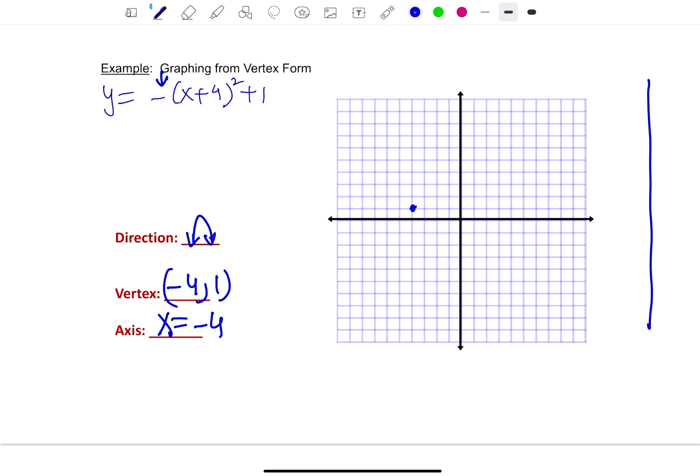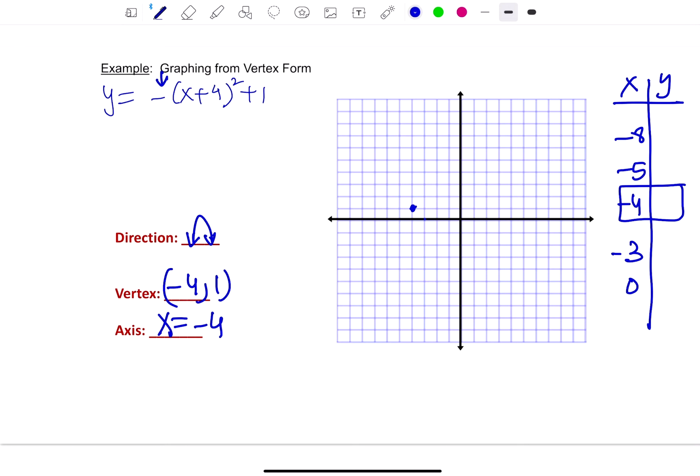So I'm going to go ahead and make a table. Pick some values around the vertex, around the x coordinate of the vertex. So we can pick negative 4, we can pick negative 3, and I want to pick a little farther value so that I can see a bigger picture of the graph, negative 5 and negative 8.